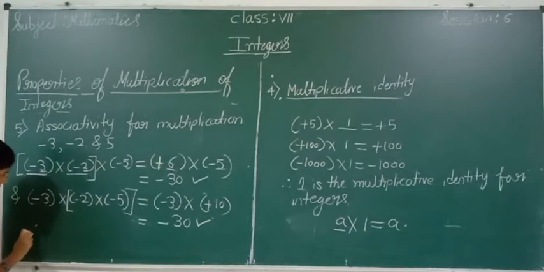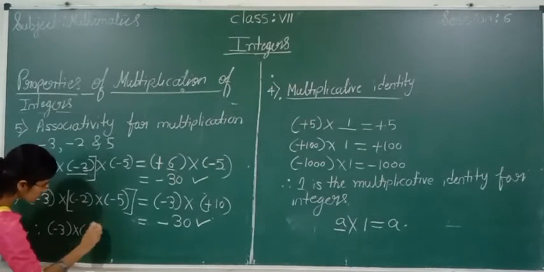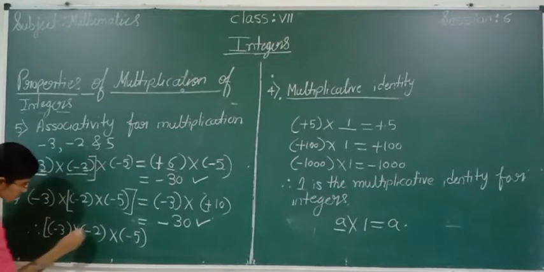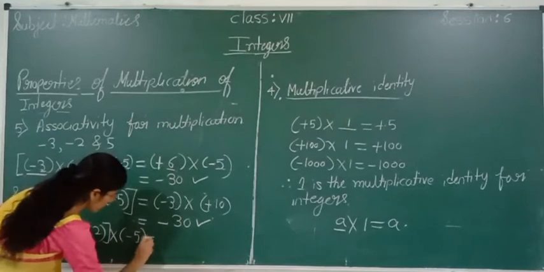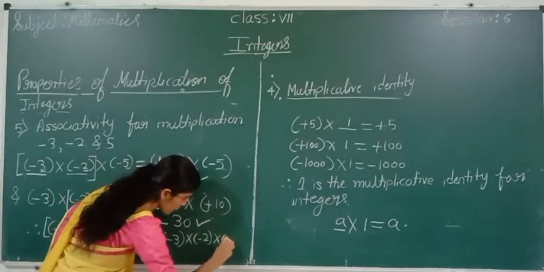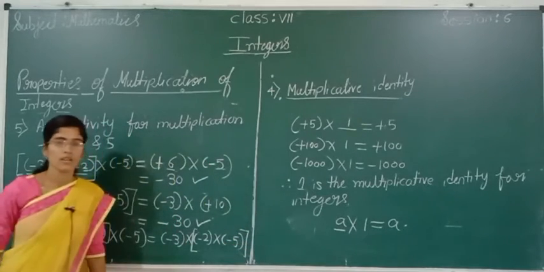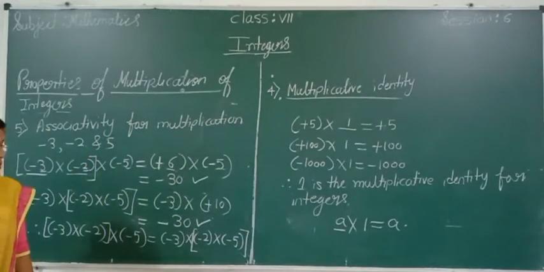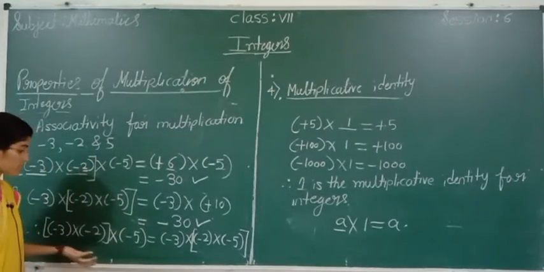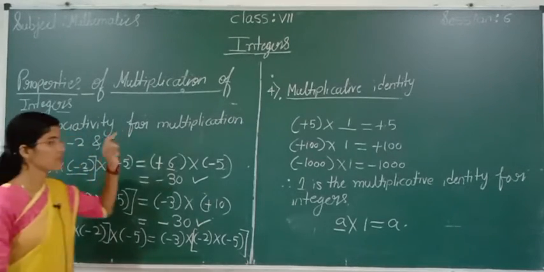Therefore, minus 3 into minus 2 into minus 5 is equal to minus 3 into minus 2 into minus 5 with either grouping. If you multiply 3 integers, even if you change the grouping, the answer is coming the same. It does not depend on the grouping. This is nothing but associativity for multiplication.